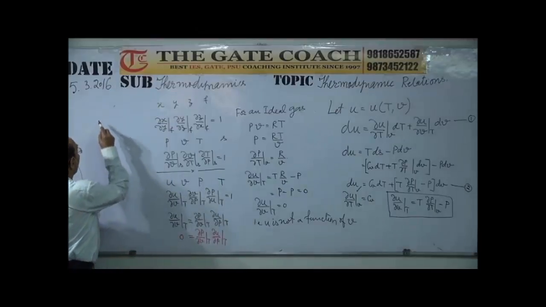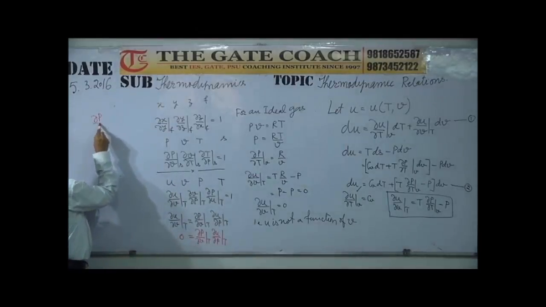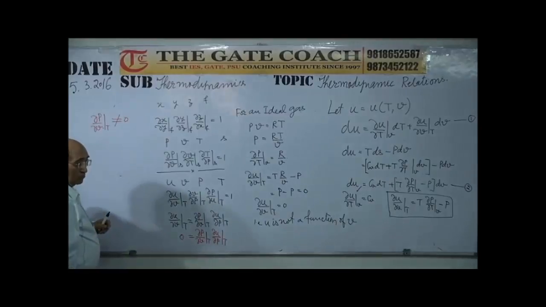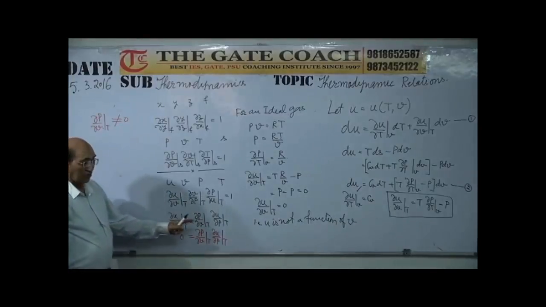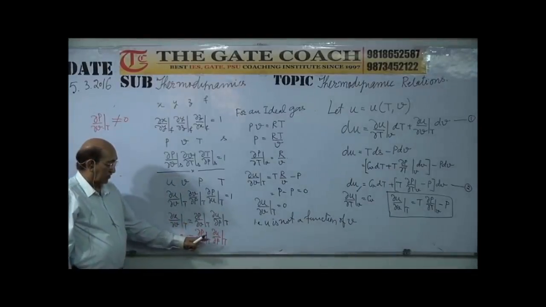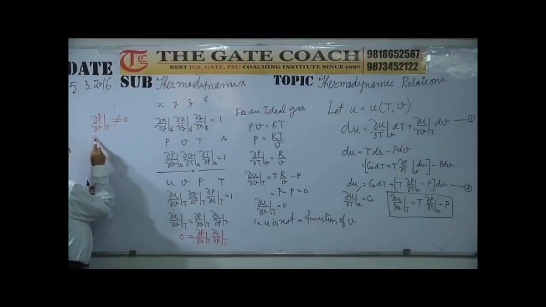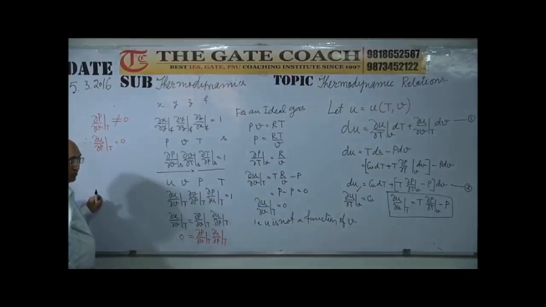That means del P by del V at constant temperature is non-zero. Out of the two, if this is non-zero, that means this must be 0. Therefore, del U by del P at constant temperature should be 0.